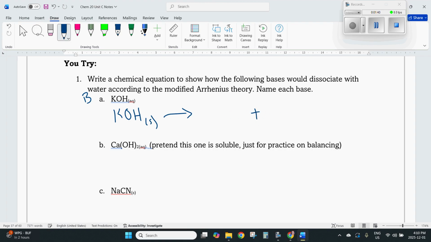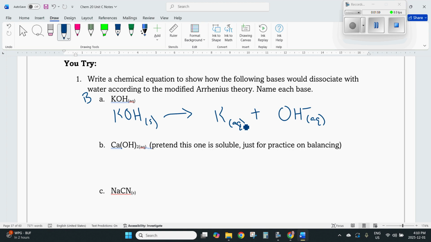So I know that my hydroxide ion is OH minus, and it's going to be aqueous, so we put aq at the end. So what's left in my KOH is obviously the K, so I put my K here, aqueous. Now I need to determine what its charge is.